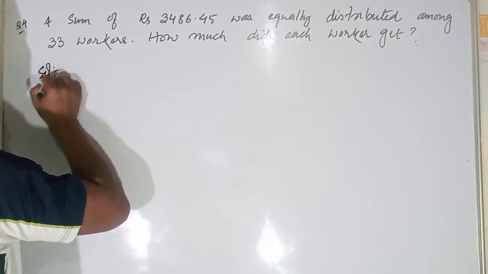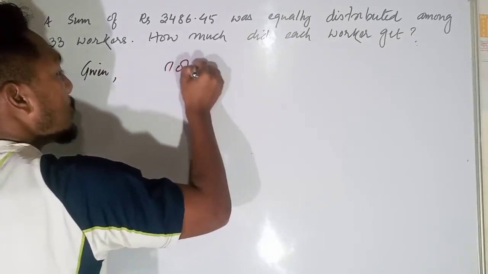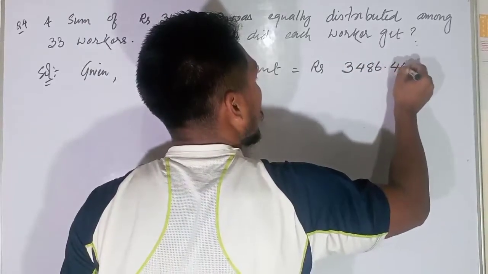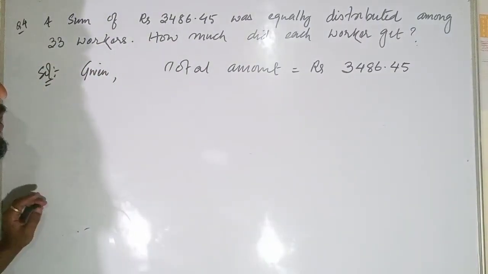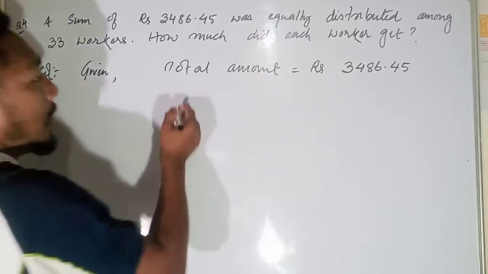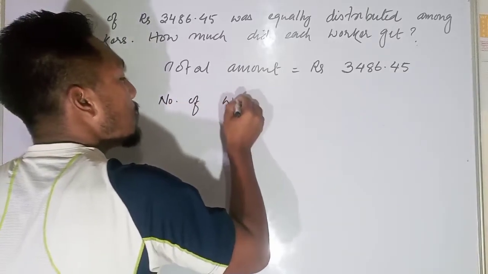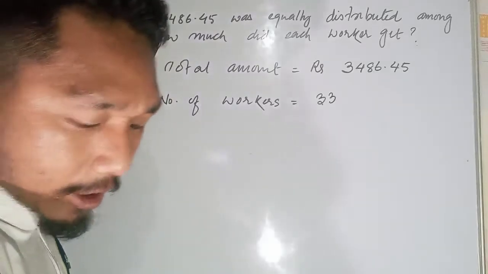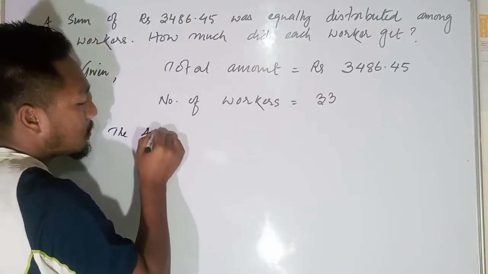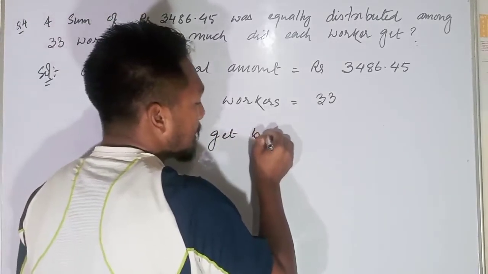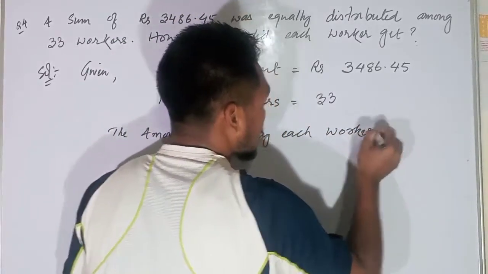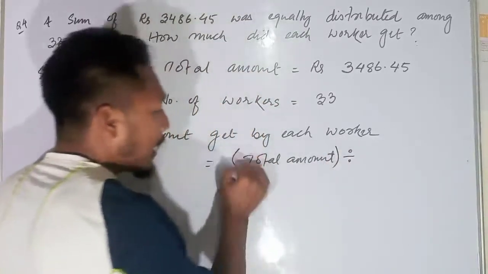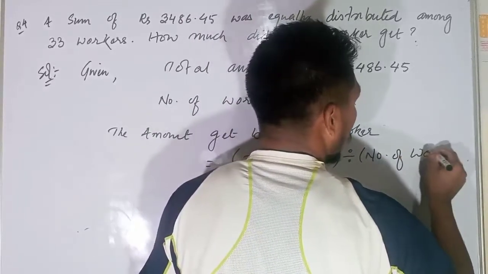So solution. Given: the total amount is 3,486.45. The number of workers is 33. The amount got by each worker is equal to the total amount divided by the number of workers.